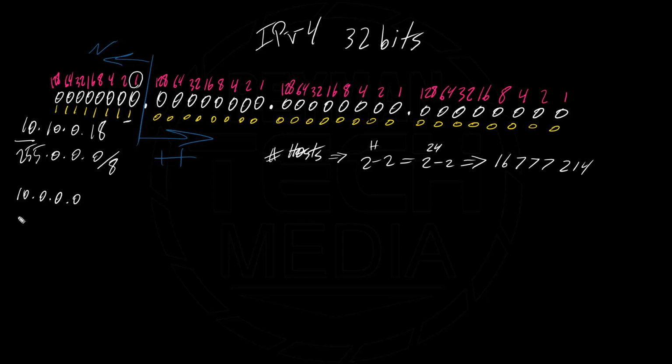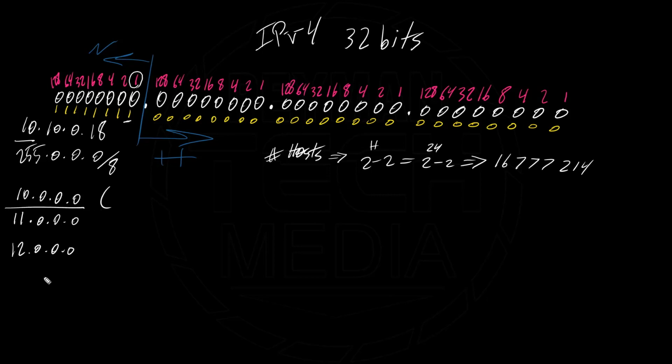So if this is 10, the next network would be 11.0.0.0, and the next network would be 12.0.0.0. Remember, this is just the default subnet mask for class A, which is 255.0.0.0. When we have the cut line, the last bit turned on, its decimal value is the network increment to find out the next network. Okay, so these are the network addresses.